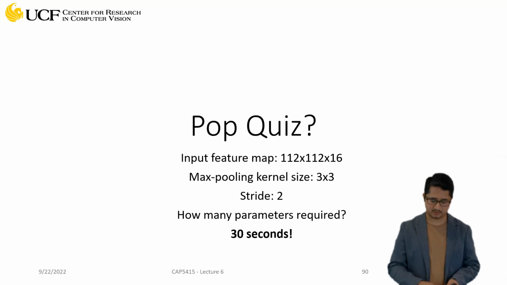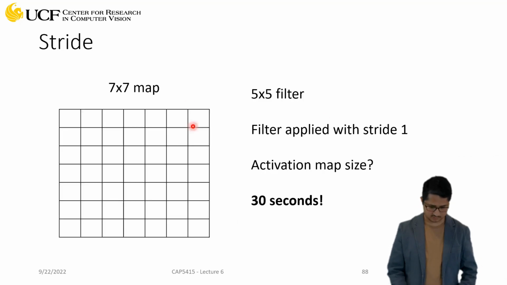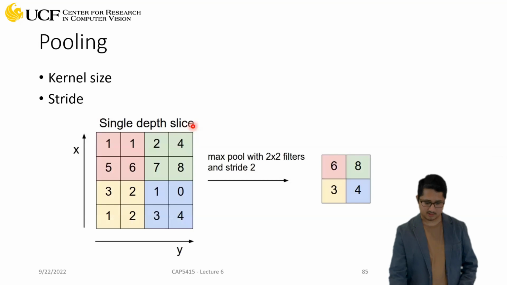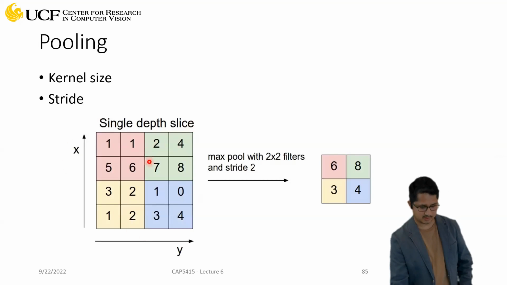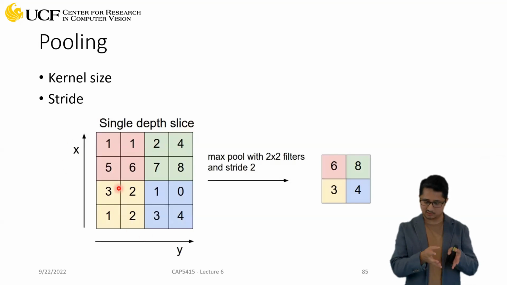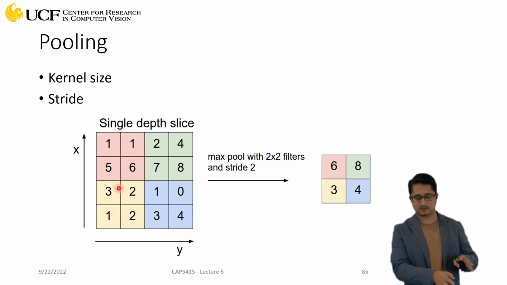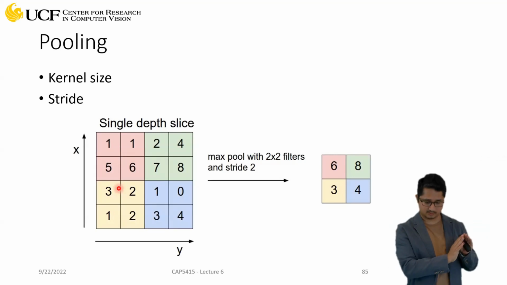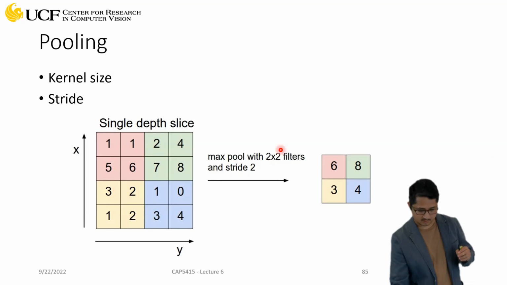For example, let me go back to this one. Let's say this is your activation map. These are the values, and we obtain these values based on your input image, and they will change with your input image. Now, this is the max pooling operation.